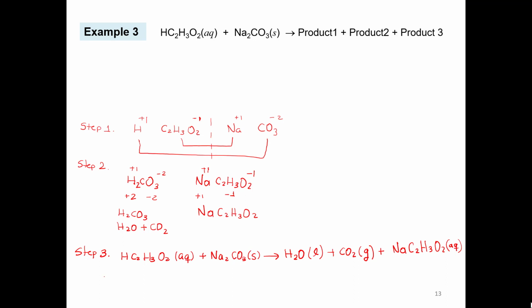Now let's balance the equation. And let's first make the list of all the atoms we had in the equation. Then we had hydrogen, we had carbon, we had oxygen, we had sodium. These are all the atoms we had.